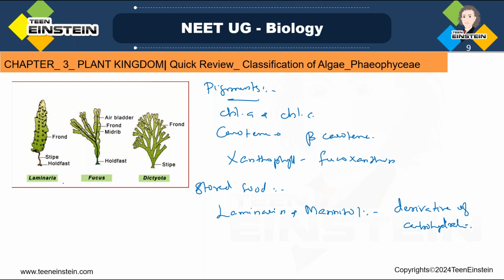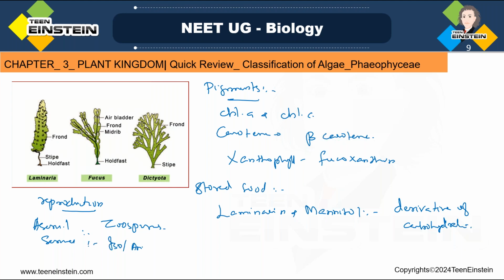Then when we are talking about reproduction, asexual reproduction and sexual reproduction. Asexual reproduction is by zoospores, and sexual reproduction in brown algae may be isogamous, anisogamous, or oogamous.